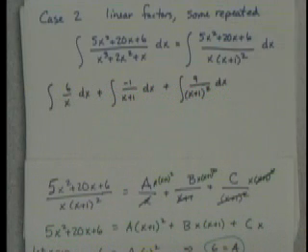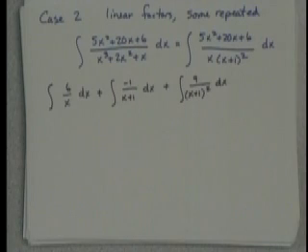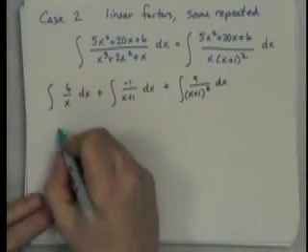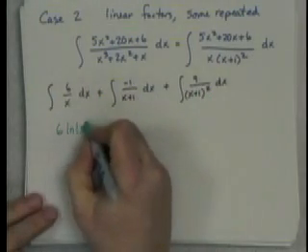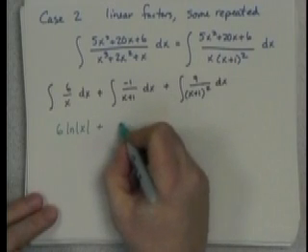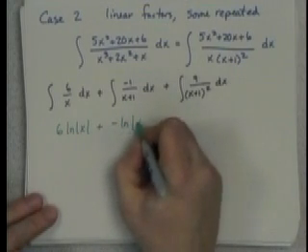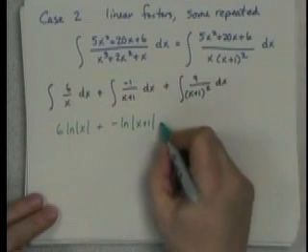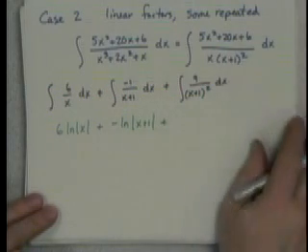Okay, which means I have another integral that I have to be able to do, and that maybe you guys are going to want to have. This is just 6 natural log of x, and this is negative the natural log of x plus 1. What's this one going to be?